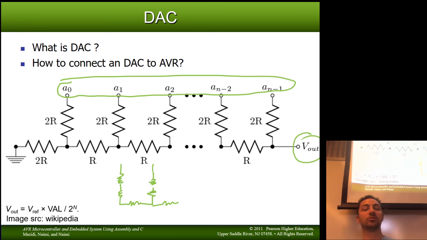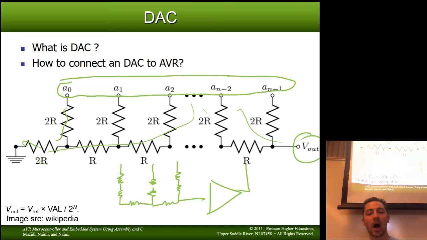It's not going to be able to supply tons of current. You're only connecting this up to pins that can source 20 milliamps, and a lot of that is going to be dissipated in these resistors, but it effectively forms a voltage divider. So you would usually take this setup and put it into some kind of follower amp.